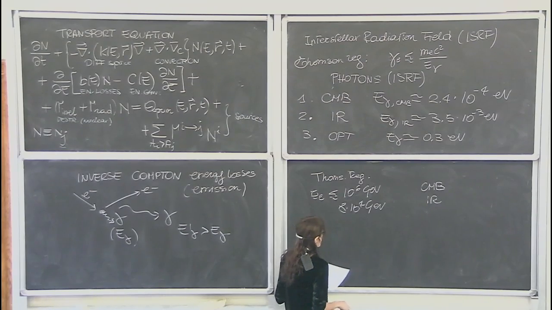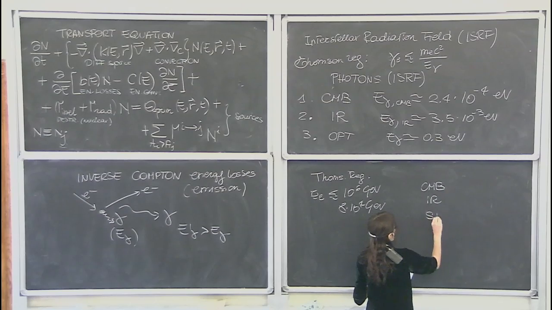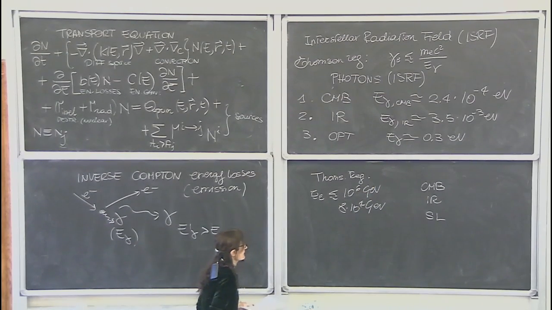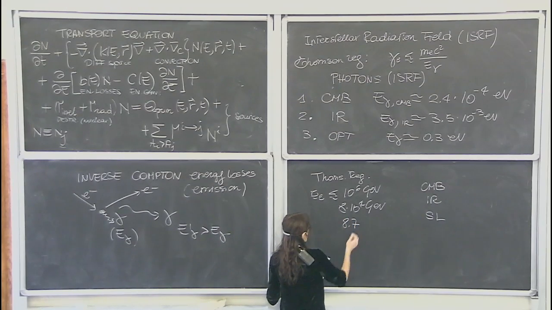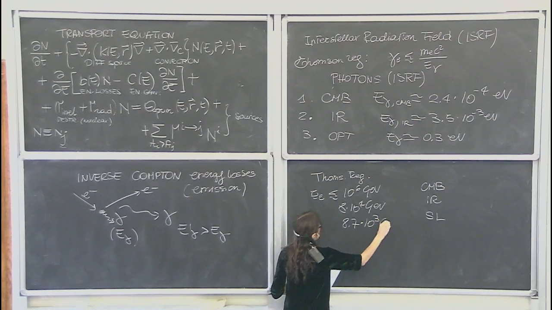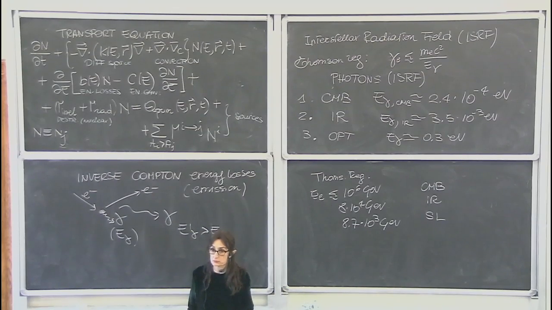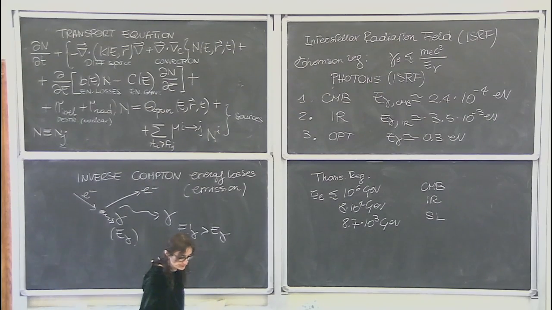This is particularly relevant when considering the stellar light, so let's say the optical wavelength, for which all the electrons with energy smaller than a few TeV can be treated with the Thomson approximation. Otherwise, you have to take the more complicated Klein-Nishina.